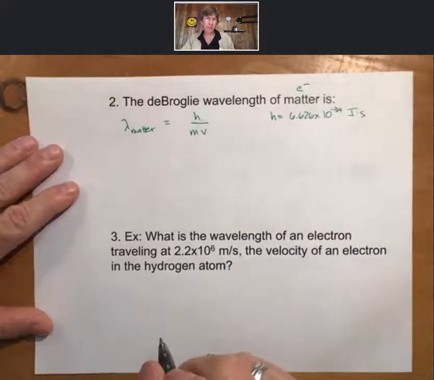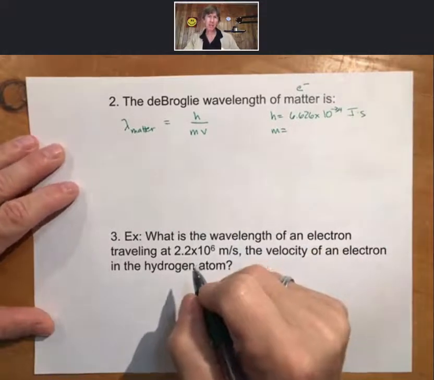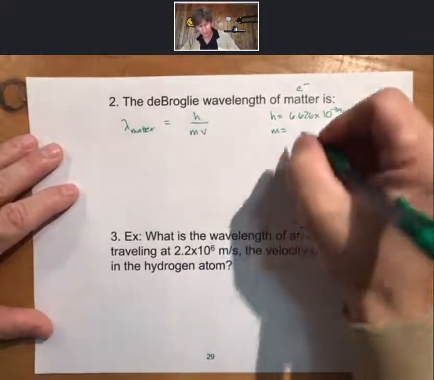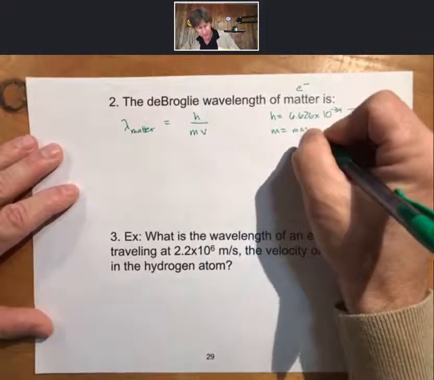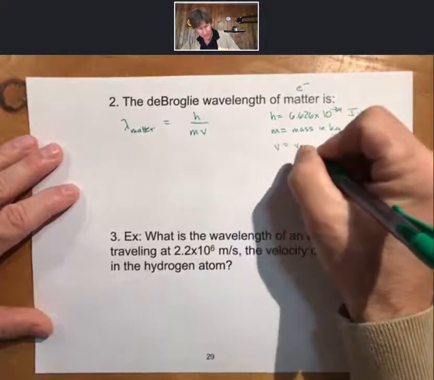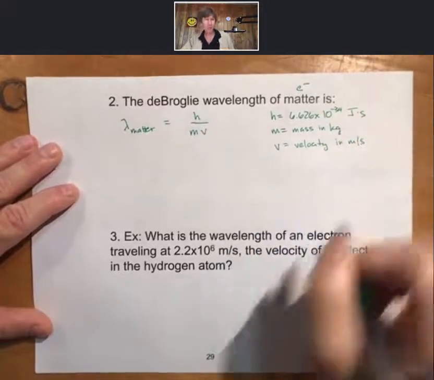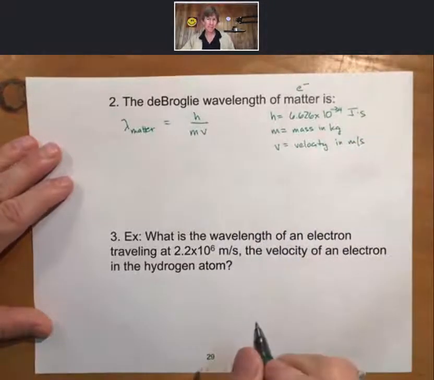We're familiar with Planck's constant by now. We know that when things are in units of energy that are joules, the mass must be in kilograms, and velocity must be in meters per second.